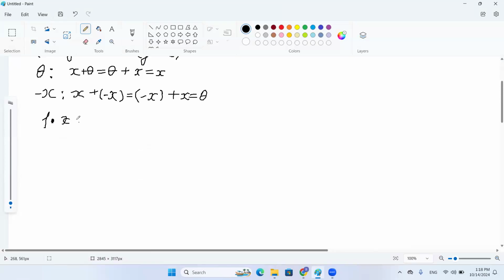If we multiply by it, we have x. And we also have an operation of multiplying by a scalar that has an associative rule as well. Alpha and beta are just real numbers.